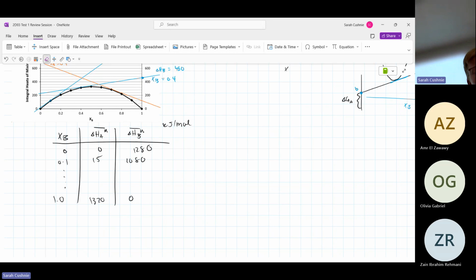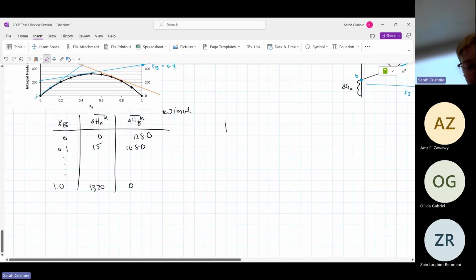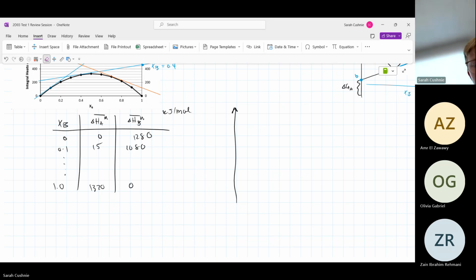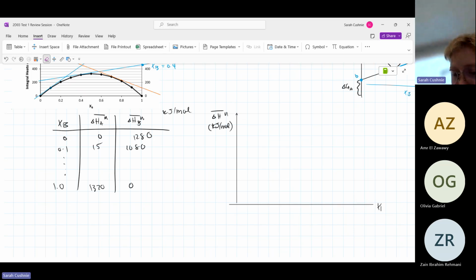And then I just made a little graph. So we'll do a little arrow. Essentially, this is going to be delta H of mixing in values of kilojoules per mole, and this is xB.